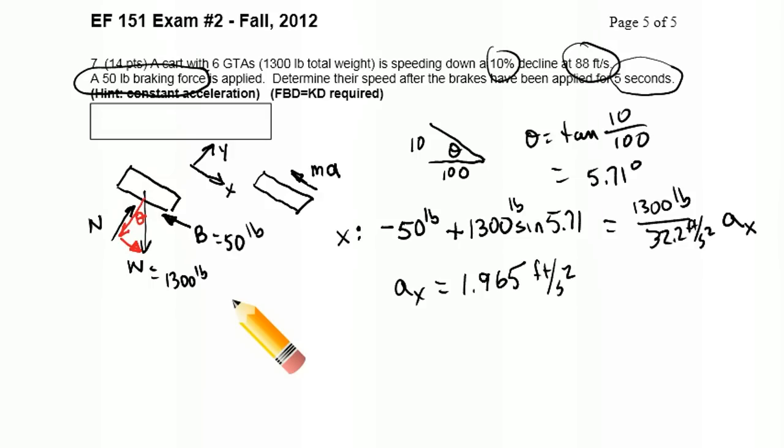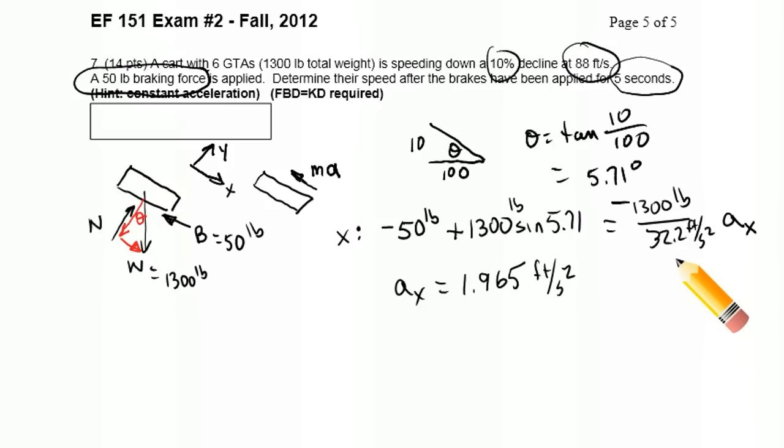Okay, hopefully if you're following along, you've perhaps spotted a slight mistake I've made. Have to be really careful when we work with these equations on the signs of everything, whether they're plus or minus. So I've taken positive x as down. I've been consistent over here. This weight component was positive, the braking force was negative, but I drew my mass times acceleration in the negative x direction. So I have to put a negative sign over here to account for that.